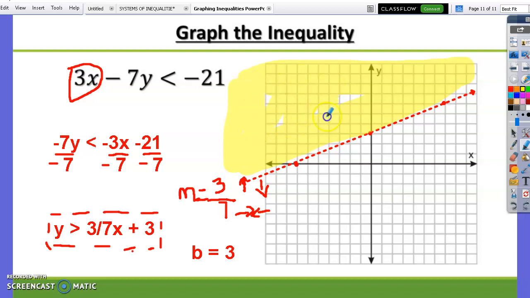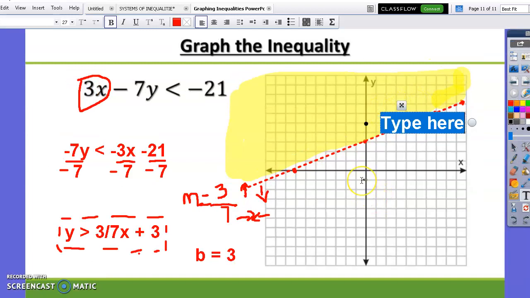Alright. That means if I were to pick a point anywhere up in the shaded region, it will give me a true statement. So let's see. Let me pick, I don't know, this point right here. So this point right here is 0. X value is 0.